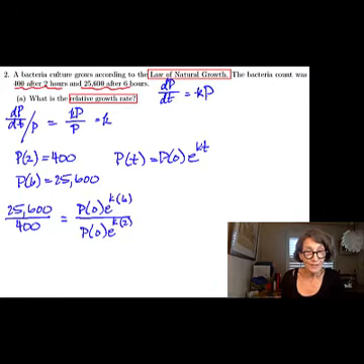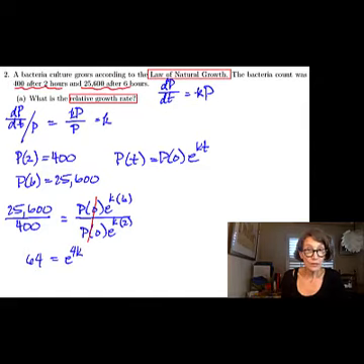Now the left side, 25,600 divided by 400, is just 64. On the right side, we can cancel the P of 0s, and we get e to the 6k divided by e to the 2k, which is e to the 6k minus 2k, or e to the 4k.